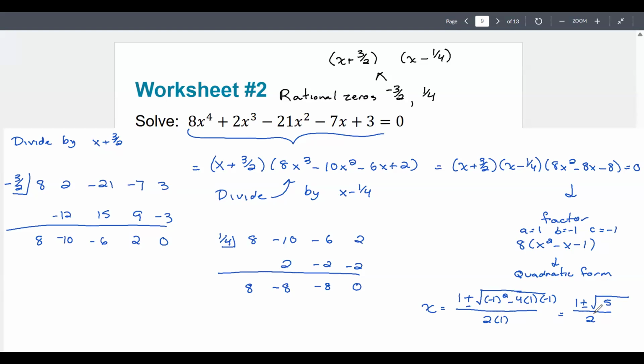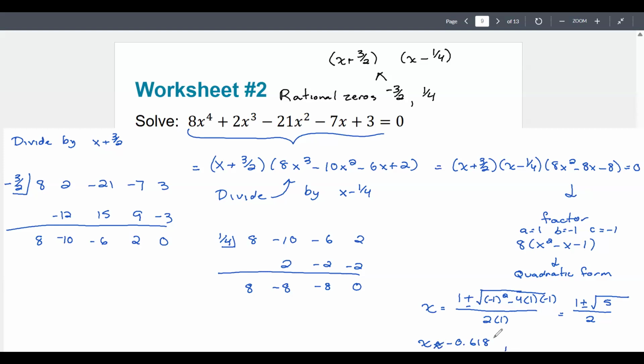So we are going to get two numbers. Square root of 5. So if we do this, 1 minus square root of 5 over 2 is going to be approximately negative 0.618.